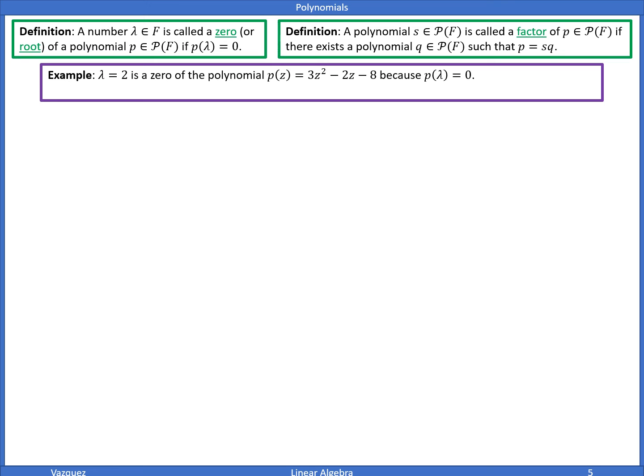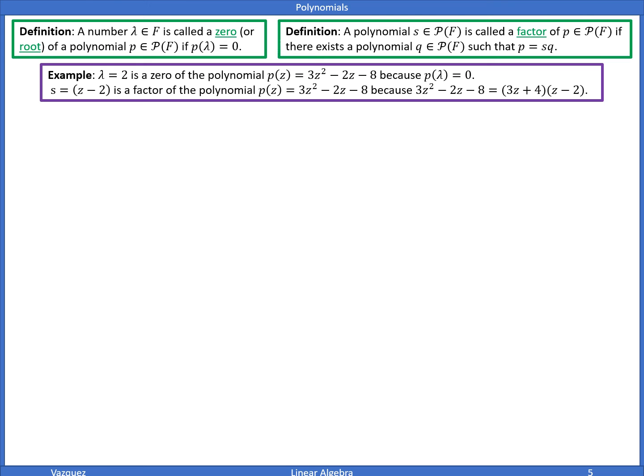So lambda, which is 2, is a zero of the polynomial 3z squared minus 2z minus 8, because if you plug in 2 for z, you'll get that it's equal to 0. So that is an example of a zero or a root.